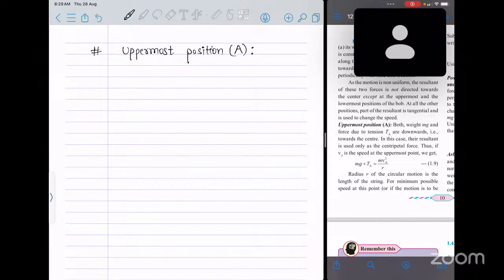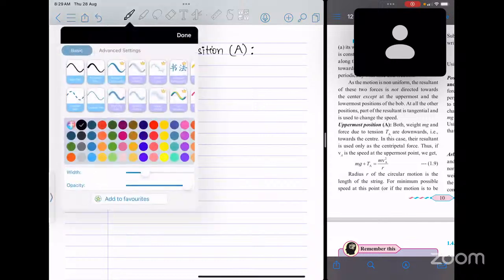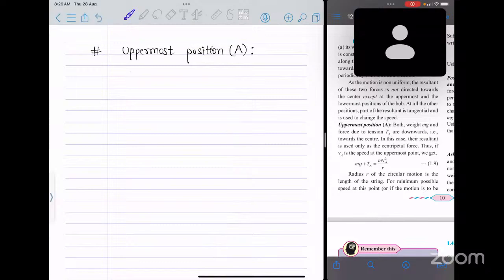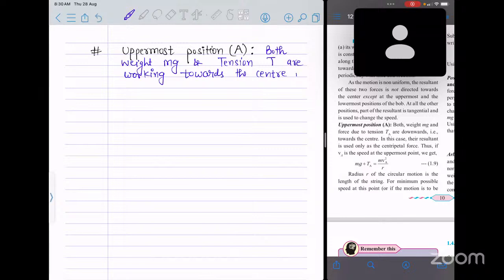So for uppermost position A, we can say that both weight mg and tension T are working towards the center, in downward direction.